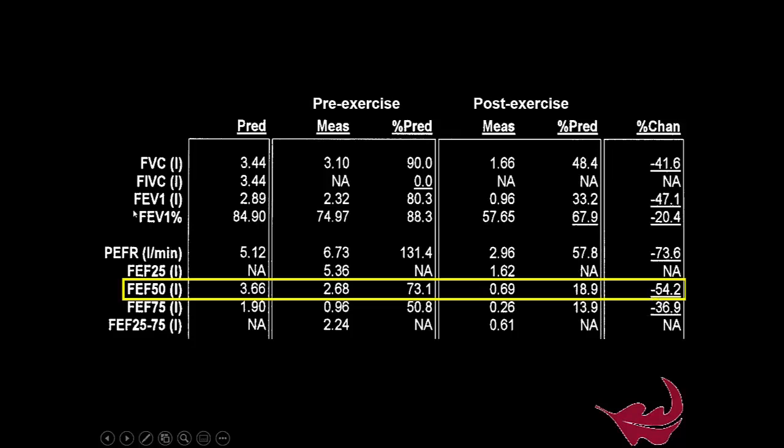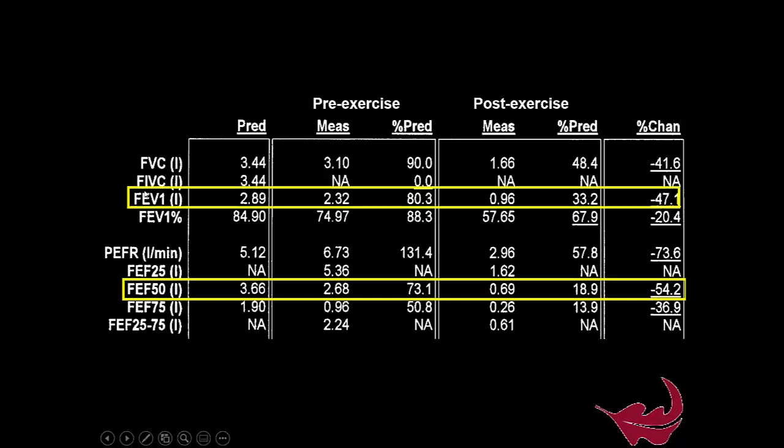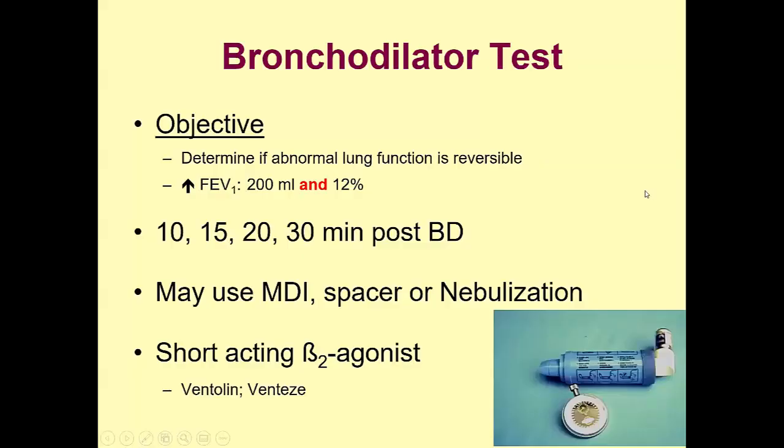But when we look at the drop in FEV1, which is the one that we're interested in, you can see the measured value in this individual, 2.3 liters before exercise and about 1 liter after exercise. So it's a significant drop, 50% drop. And this is more than 200 ml and 12%. So this is obviously diagnostic of exercise-induced bronchospasm.